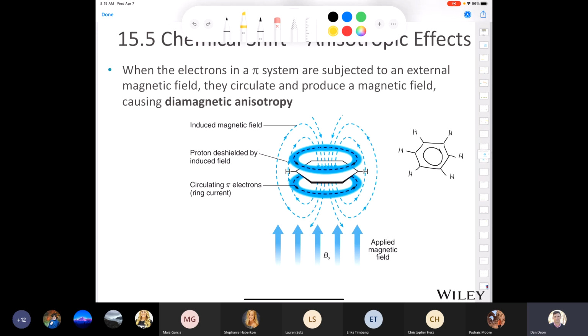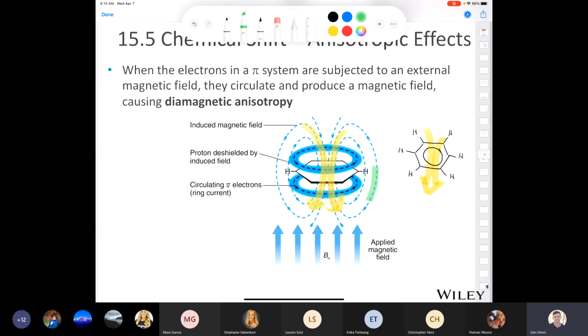And we have the pattern of the flow of the magnetic field that's produced shown here. So you can see that inside the ring, we have a magnetic field that opposes the applied magnetic field, right? That means that this section is going to be shielded. The inside of the ring is going to be shielded.